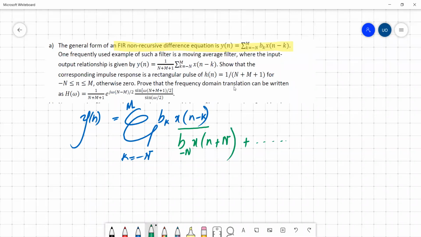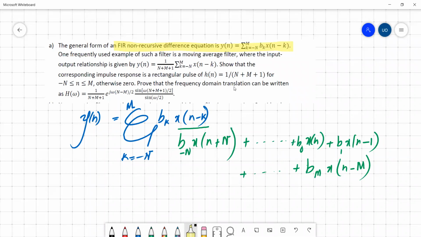Then k equals 0, we have b0 xn, k equals 1, b1 xn minus 1, plus up to k equals capital M, bM x n minus M. By looking at this, you can say that for this particular system, your output only depends on the input, because we have xn terms there. So this is the present xn, the present value.